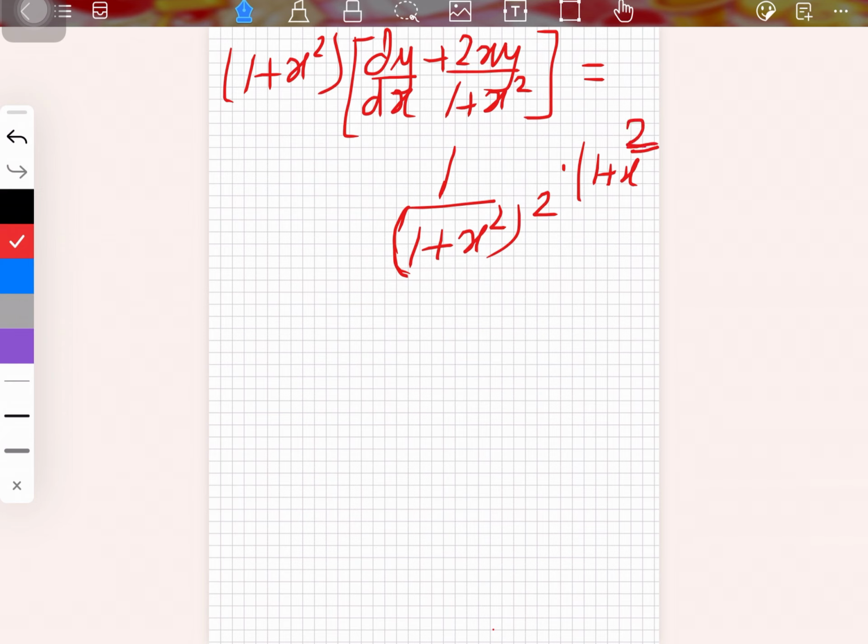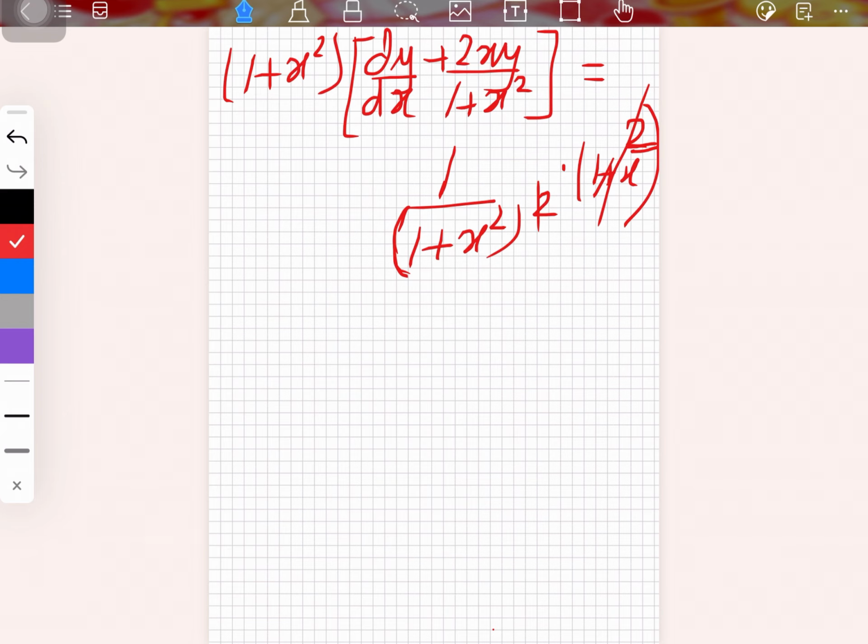Anyways, so yes, this is what we have now. This entire thing gets cancelled by the power. So what we now can see is in the right hand side we have simply 1 over 1 plus x square.